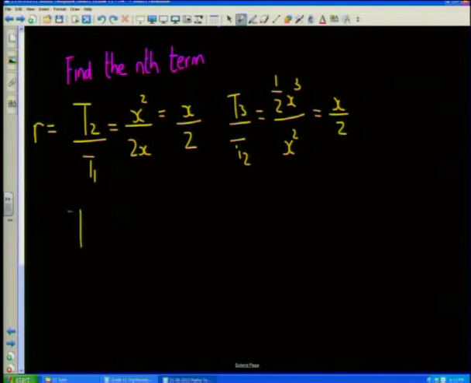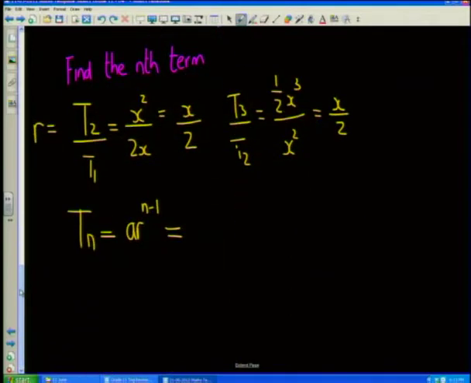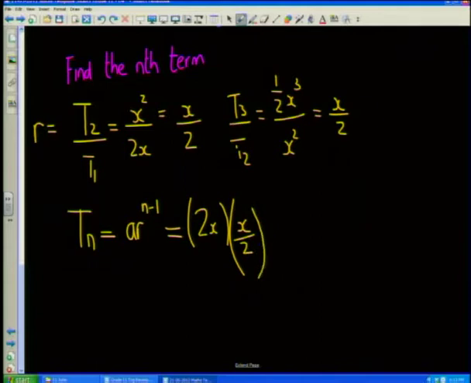If I'm looking for term n, I must be aware that that's always going to be my formula no matter what. According to my given sequence, remember my first term was 2x, so my a value is 2x. My r value, according to what I've worked out, is x over 2, but that is to the exponent n minus 1.